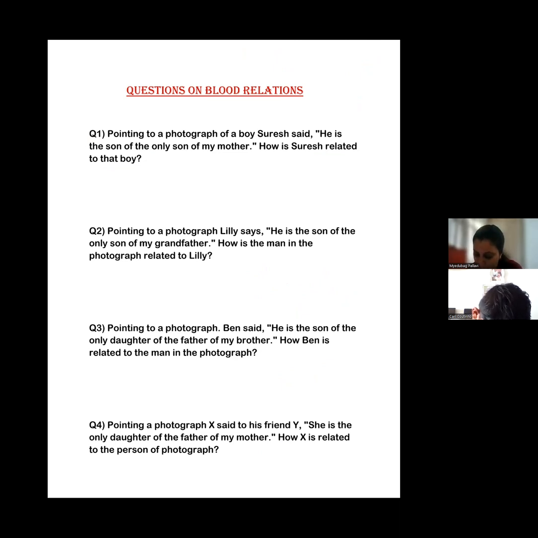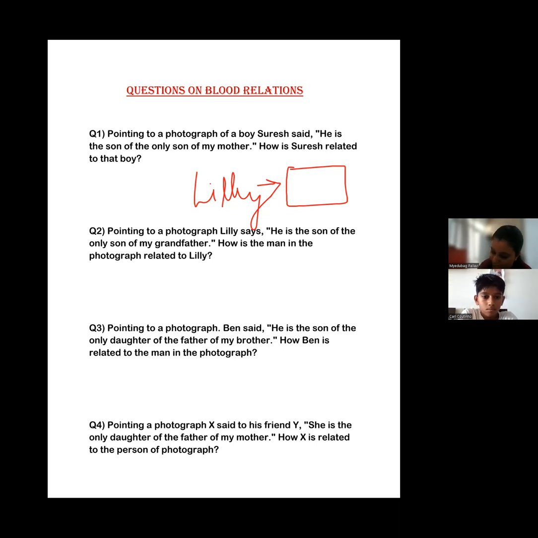Pointing to a photograph, Lily says something. So this is a photograph and Lily is pointing towards this photograph. Now what is she saying? You try it first.